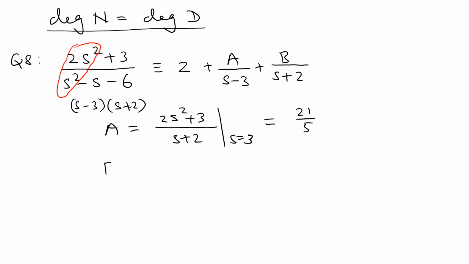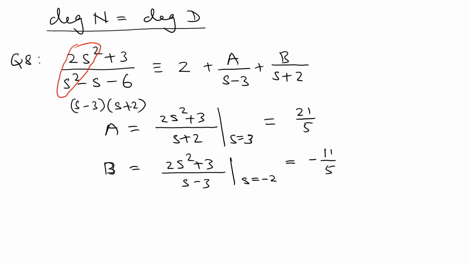And then B is similarly 2s squared plus 3 over s minus 3, and then again plug in s equals negative 2. When you do that, you will get negative 11/5. So those are the A and B values.